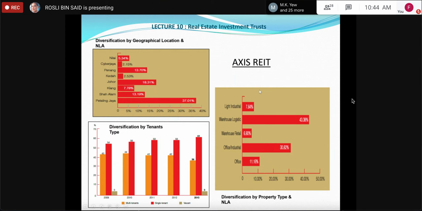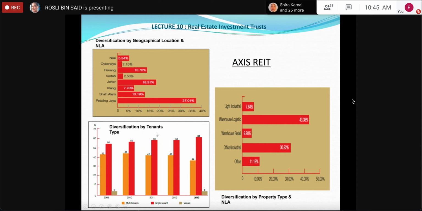And then for Axis REIT, in terms of location, you can see the geographical locations they have: Nilai, Subang Jaya, Penang, Kedah, Johor, Klang, Shah Alam, Petaling Jaya. So if the market in Petaling Jaya is not good, Johor may be good, Kedah may be good. This is the beauty of having the companies diversified.